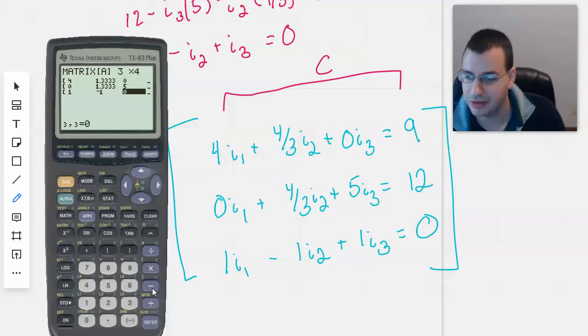Make sure to do the negative and not the minus. 1, enter. 0, enter.